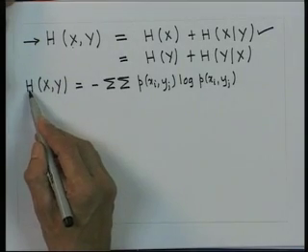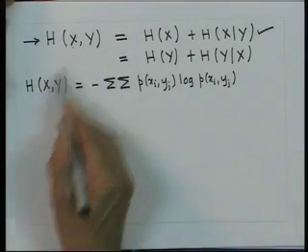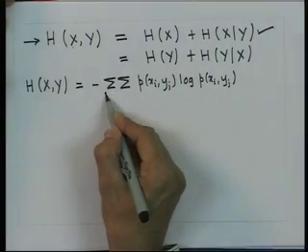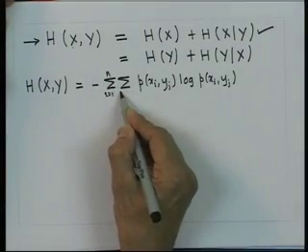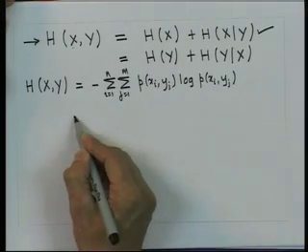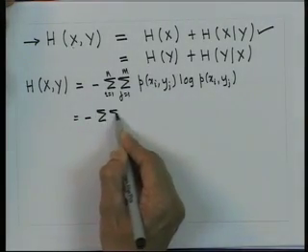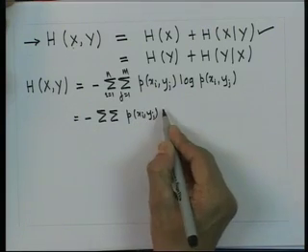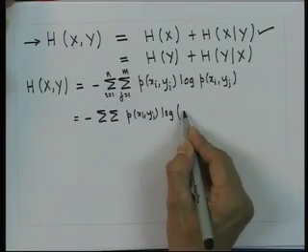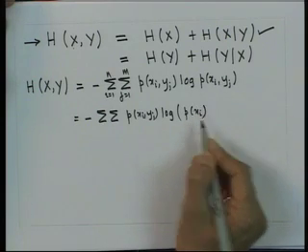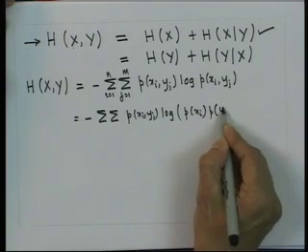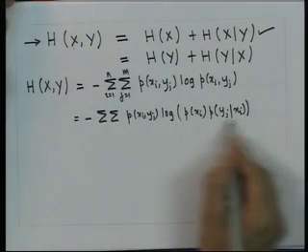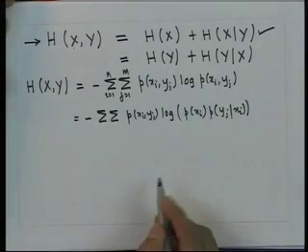So, let us start with h x y, which by definition is given by this expression. If I simplify it, I can write it as probability of xi yj log of p of xi times probability of yj given xi. This I am writing using the Bayes rule.